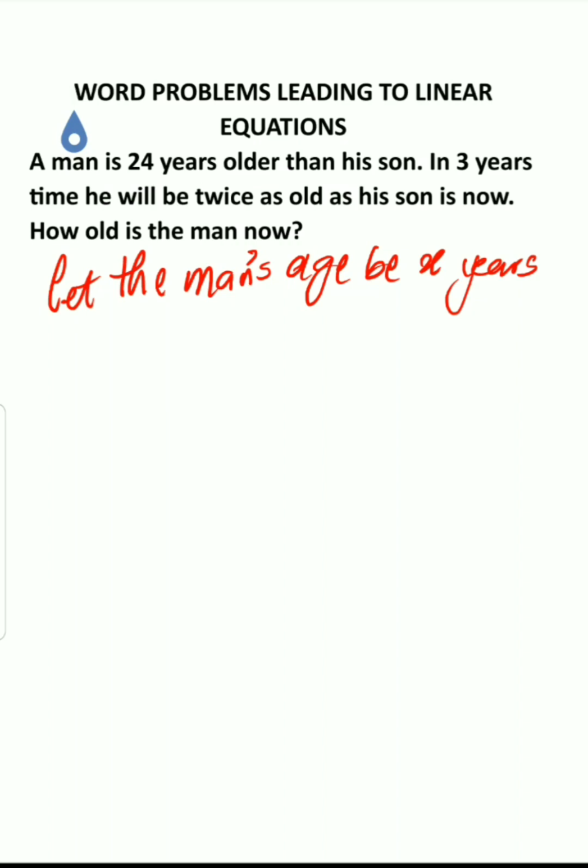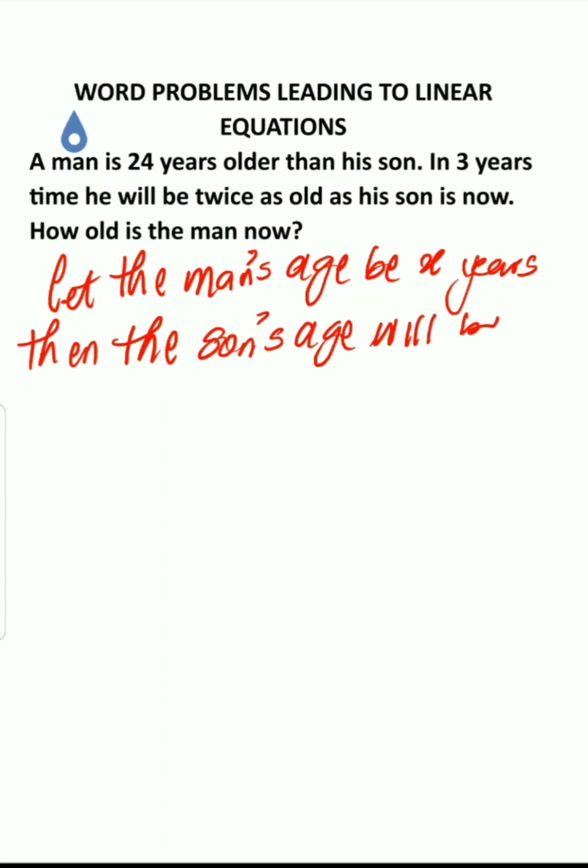And so we can turn this around and say that the son's age is 24 less than the man's age. The son's age is 24 less than the man's age. And so if the man's age is X, then we can say the son's age will be X minus 24. And that's X minus 24 years.